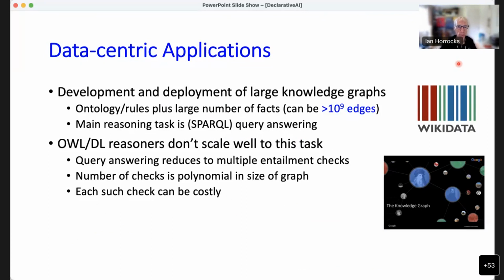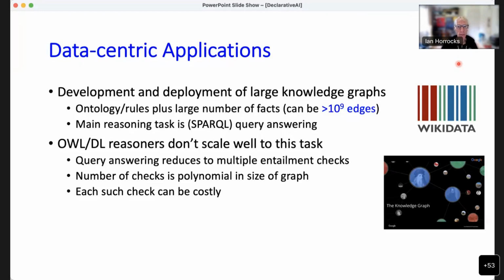And the main reasoning task here is not so much classification of the ontology or reasoning about the kind of relationships between different classes or concepts, but rather query answering. And in the RDF setting, that would be SPARQL query answering.